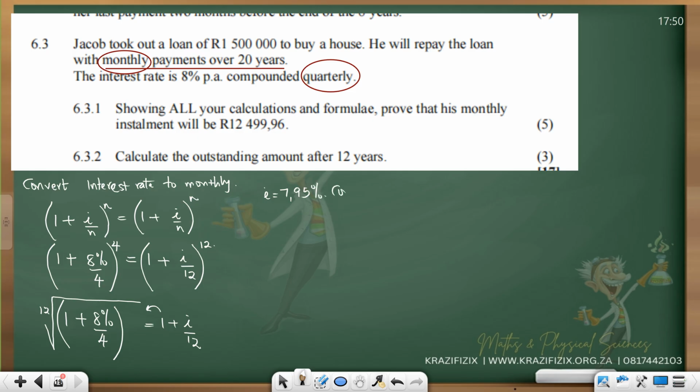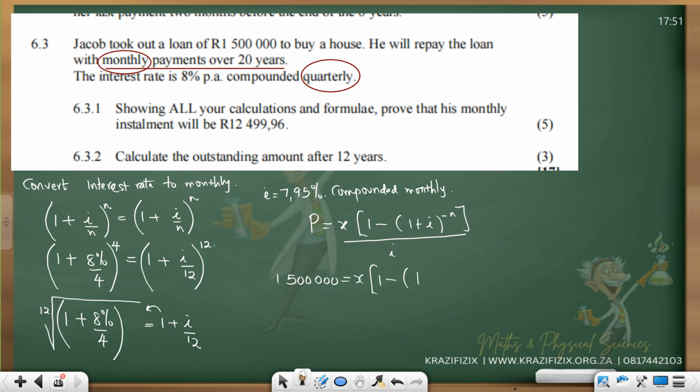Now, this is compounded what? Monthly. Now we are talking. It is now in months, and my payment is also in months. Oh, we are good now. Since it's a loan, 1,500,000, we're looking for X. What's our interest?